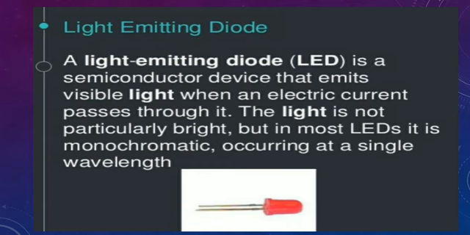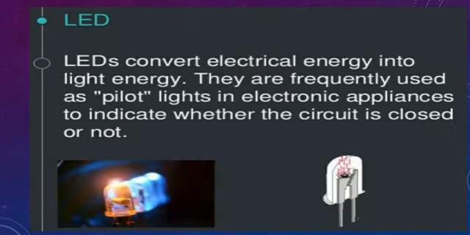So LED is a semiconductor device. Which light? LED light, the bulb. A semiconductor device that emits light if the current passes through the LED. Okay, students, right?